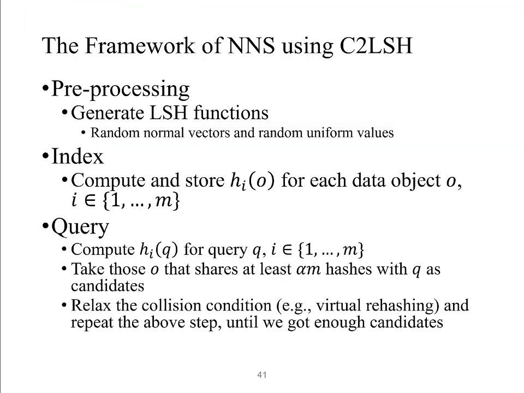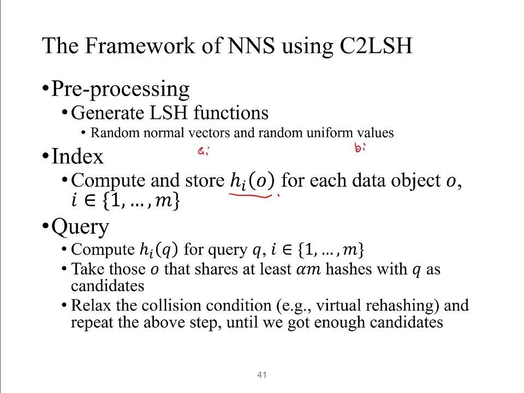So let's have a look at the framework of using C2 LSH on nearest neighbor search. For the pre-processing part, you generate LSH functions. These functions are random normal vectors and random uniform values as a_i and b_i. For the index part, you compute and store h_i for each data object, where i is from 1 to n.